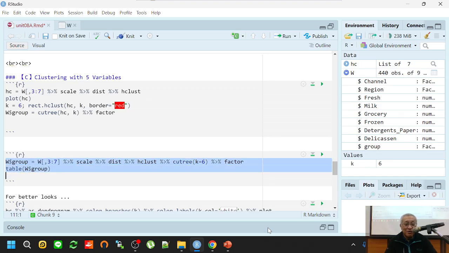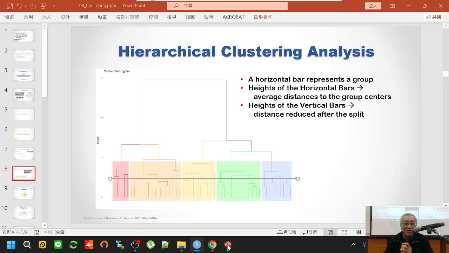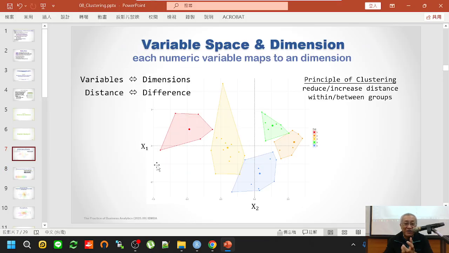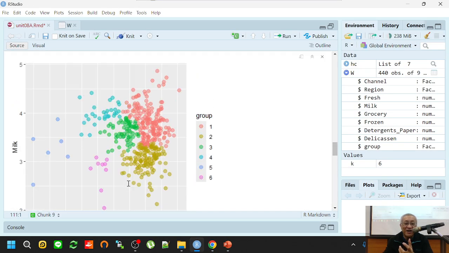Now it's no longer a two-dimensional space, because right now you have 5 variables, so it becomes a 5-dimensional space. But a 5-dimensional space is very difficult to visualize, isn't it? When you only have 2 variables and 2 dimensions, it's easy to do the visualization, like we have done here.